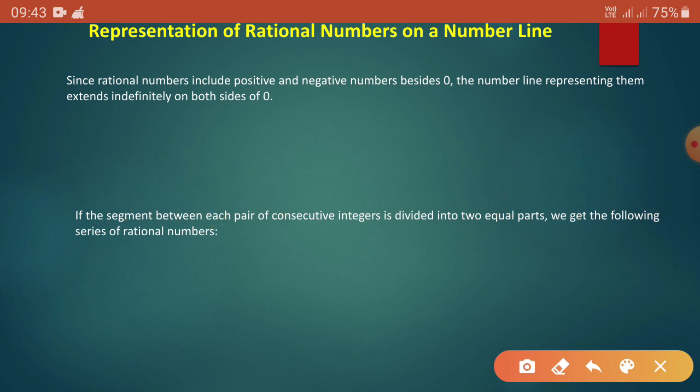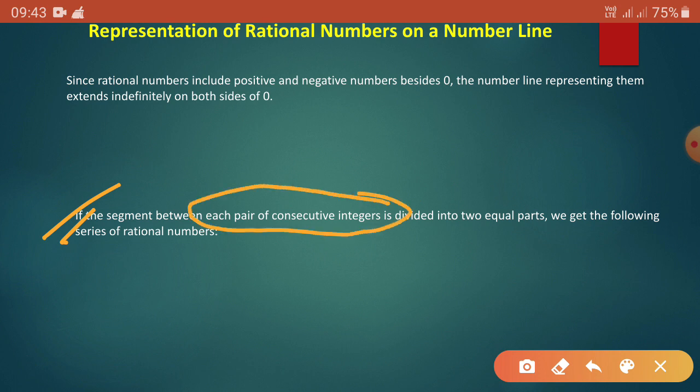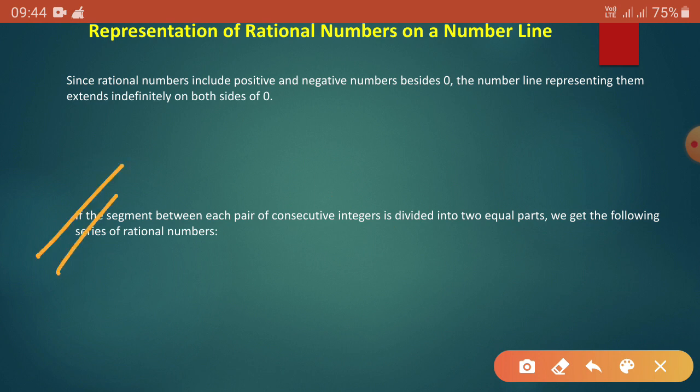Now the next point: if the segment between each pair of consecutive integers is divided into two equal parts, we get the following series of rational numbers. Here you have to look very carefully. So what are the rational numbers we are getting?